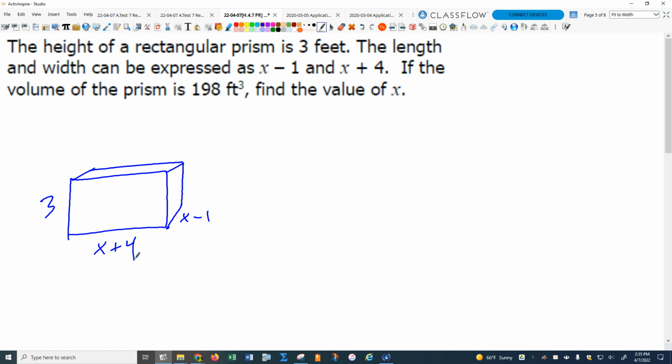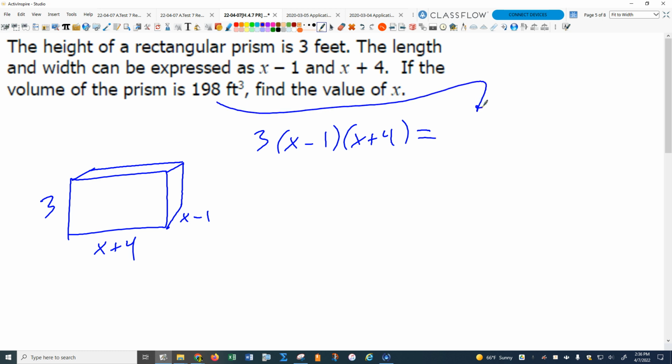So the volume of a right rectangular prism is just length times width times height, right? Just multiply the dimensions. So I just get x minus 1 times x plus 4 times 3 equals 198, right? Expand it out, set it in standard form, solve the equation, done. Okay? I think I'm done.